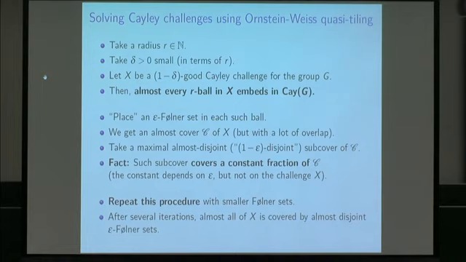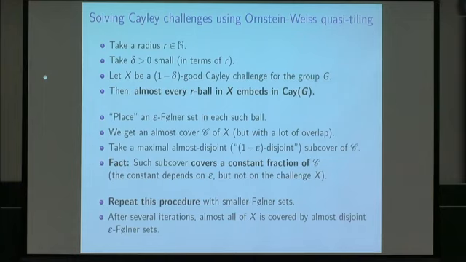Now take some radius R. It's a radius of balls in the Cayley graph, so it's a natural number, and fix it for a moment. And take some delta, which is very, very small, as some function of R. Now take a 1 minus delta good Cayley challenge for the group G.